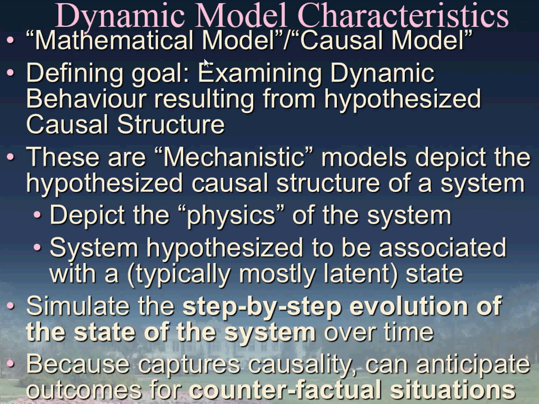These are mechanistic models in the sense that they depict the mechanics of the system, although at a certain level of abstraction. Kind of the physics of the system, how things work, what changes what, or what's hypothesized to change what. And the system is hypothesized to be associated with some state.